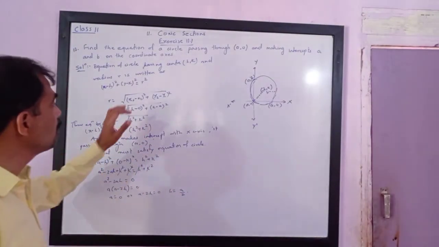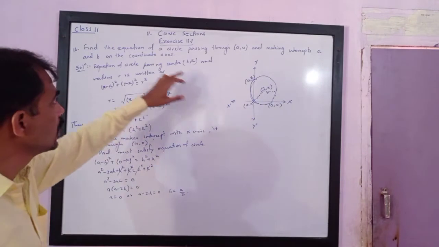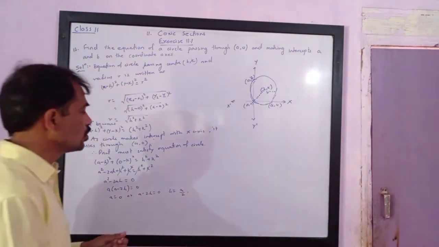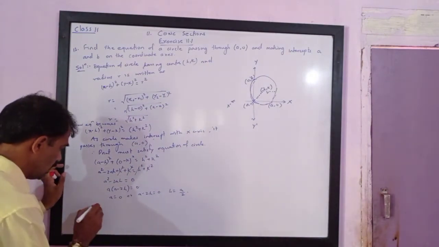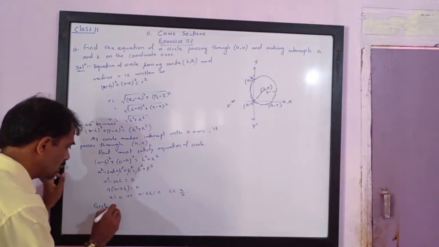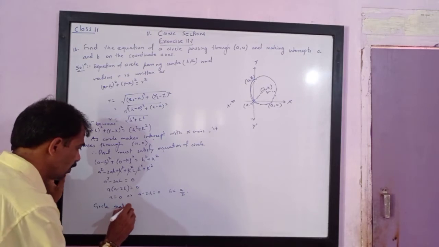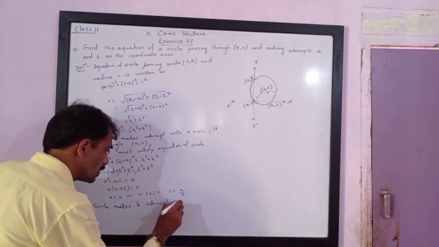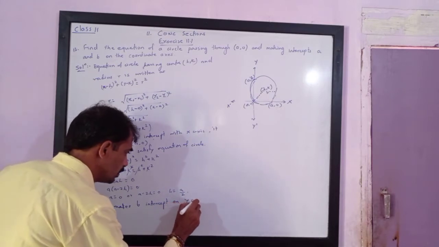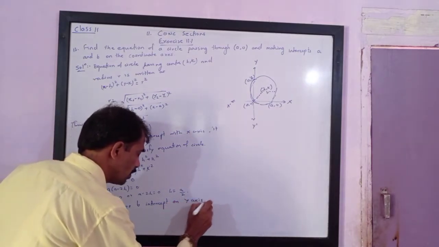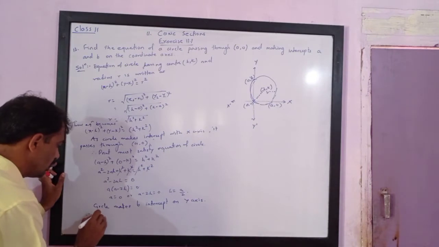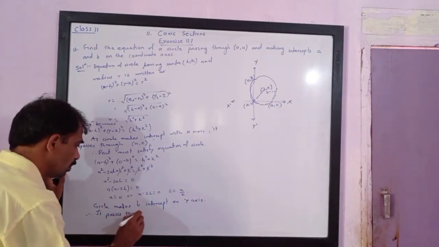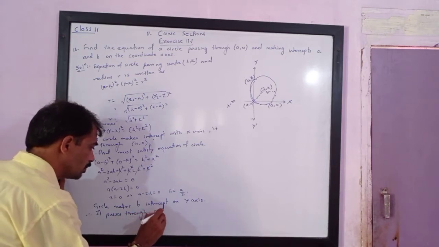Now next, the circle makes intercept b on y-axis. Therefore, it passes through (0, b).